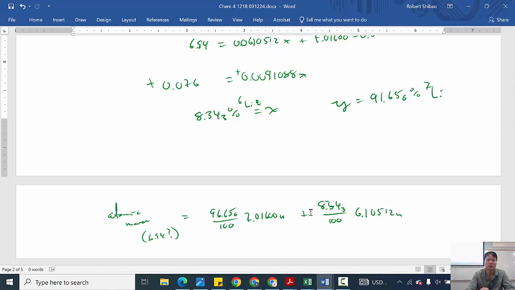So 7.016 times 91.656 divided by 100, we're allowed 4 sig figs, plus 8.343 divided by 100 times 6.10512.